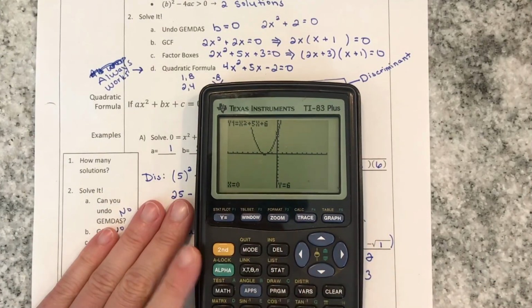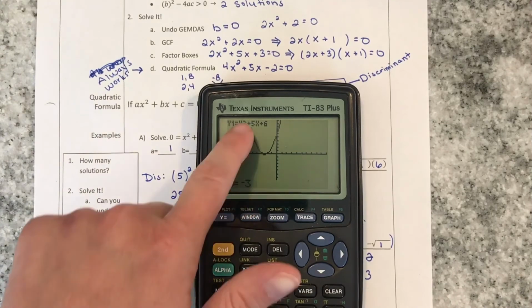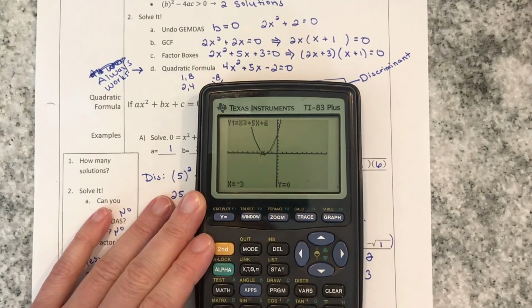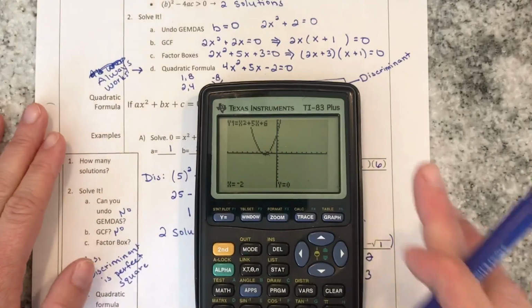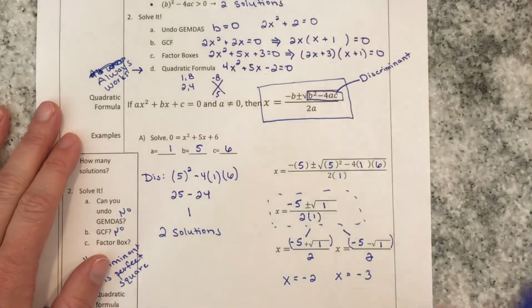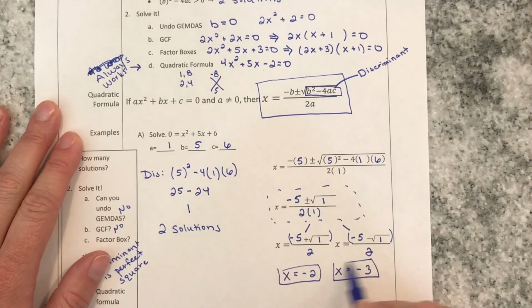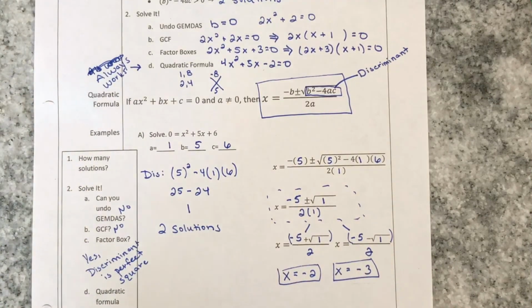So I could put in -3 for x, so it'll put in the -3 for me, and I'm getting out a 0. And then I can also put in the -2, and I get out a 0. So my 2 solutions are -2 and -3. And that is how you use the quadratic formula.